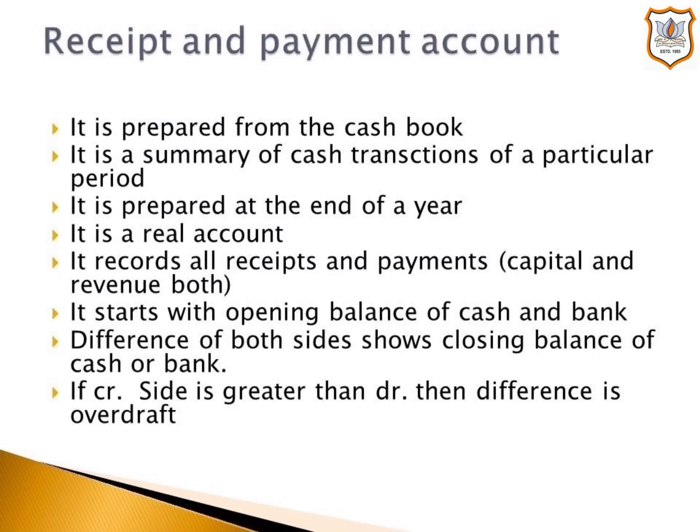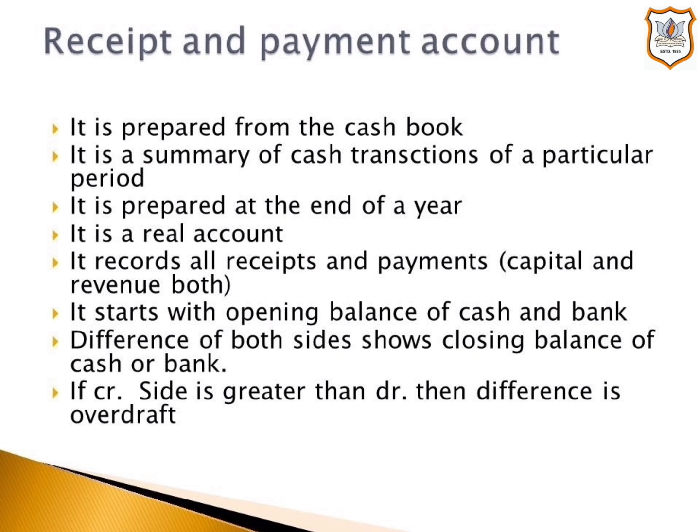Now let us understand how the receipt and payment account is prepared. Receipt and payment account is a summary of cash book and bank transactions during an accounting period, prepared under appropriate heads of accounts. It begins with the cash and bank balances in the beginning and ends with cash and bank balances at the end of the accounting period.